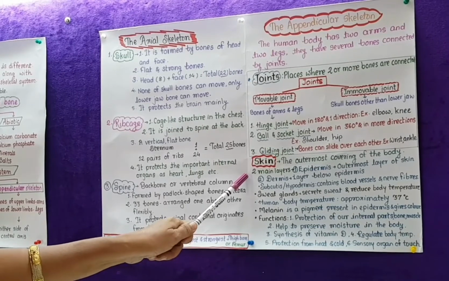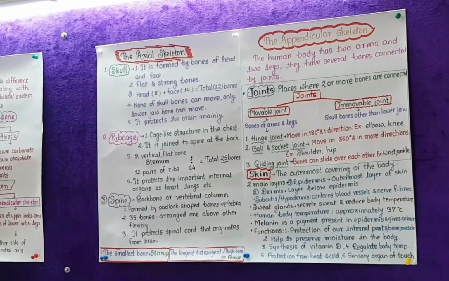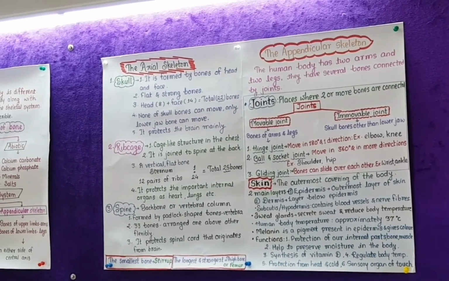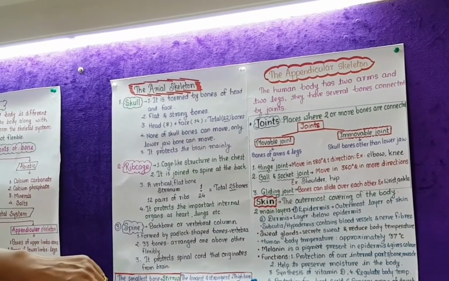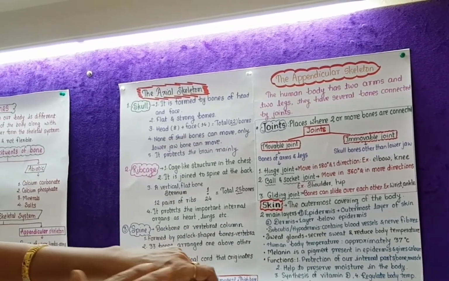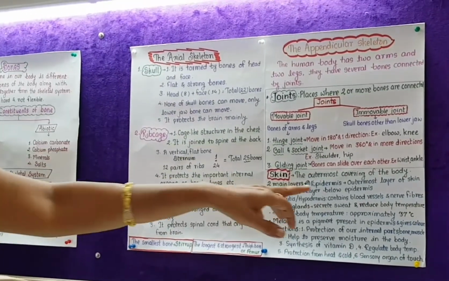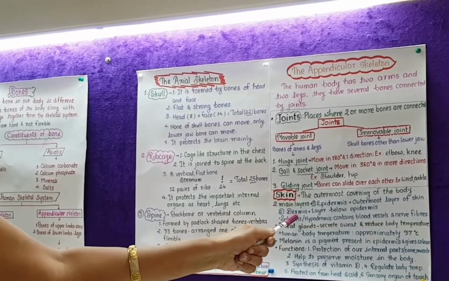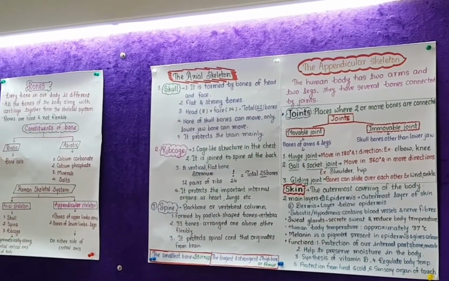There are two main layers of skin, epidermis and dermis. See, epi means above. The outermost layer of the skin is called epidermis. And the layer below the epidermis is called dermis. Epidermis means the layer above dermis.